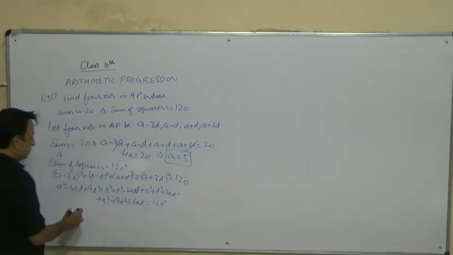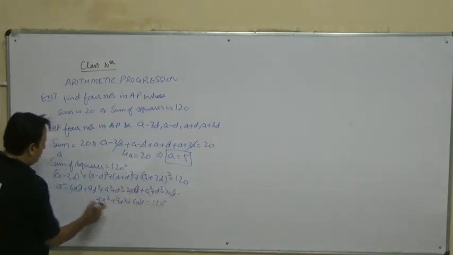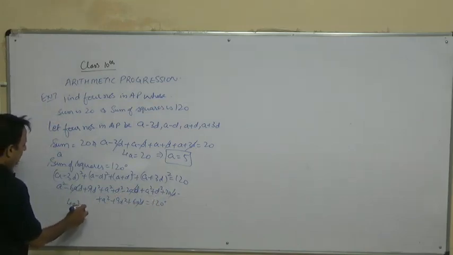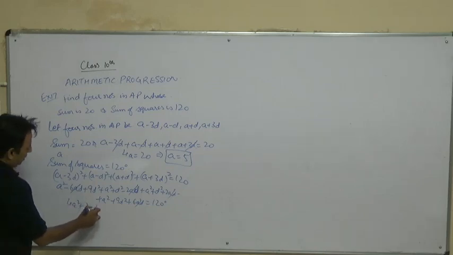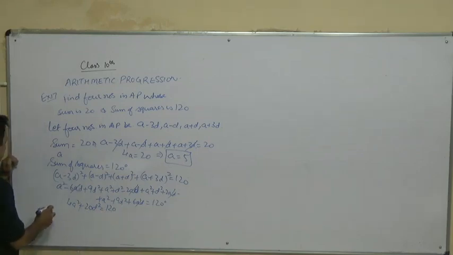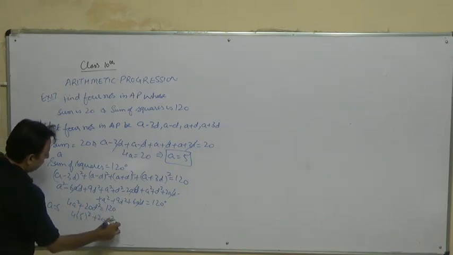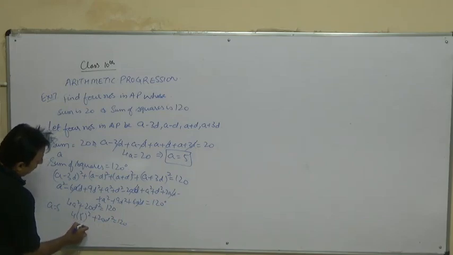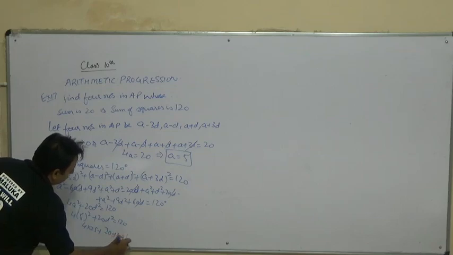So you can check, this 6ad plus minus cancels out, 2ad plus minus cancels out, we get 4a square plus 9, 9, 18 and 2, 20d square is equal to 120. Put the value of a is equal to 5. So 4 into 5 square, this is 25. 4 into 25 plus 20d square is equal to 120.